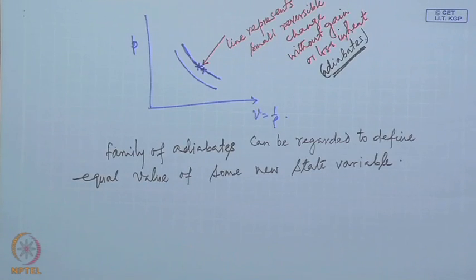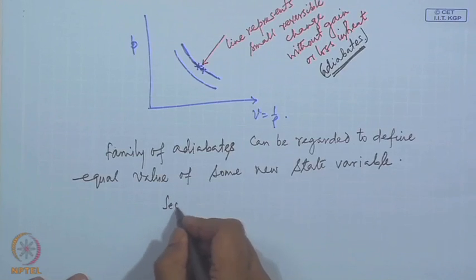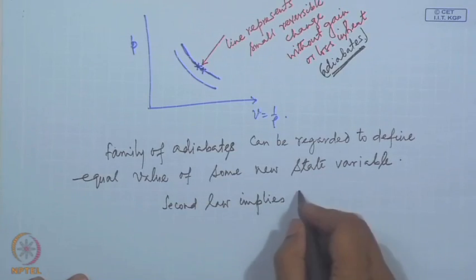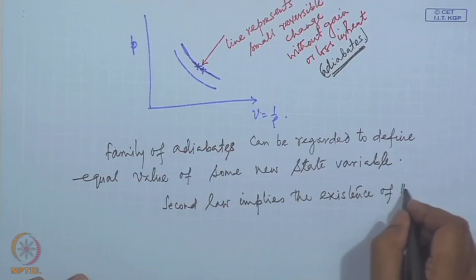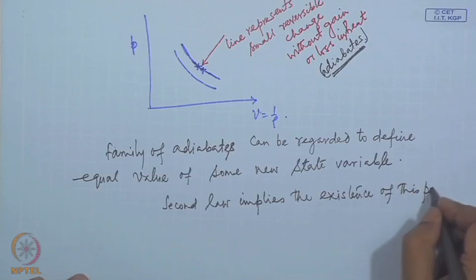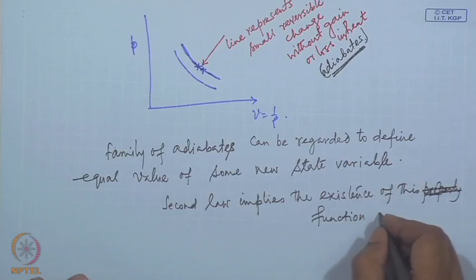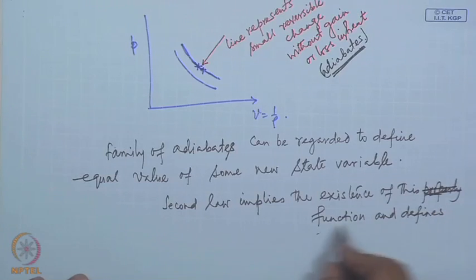The second law implies the existence of this property, the existence of this function, and defines its property.